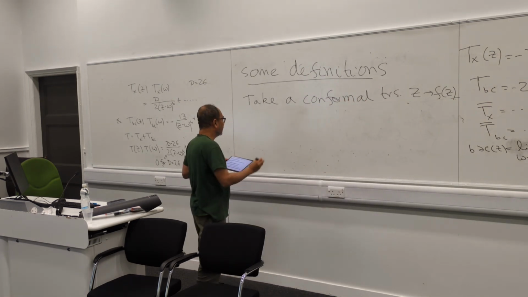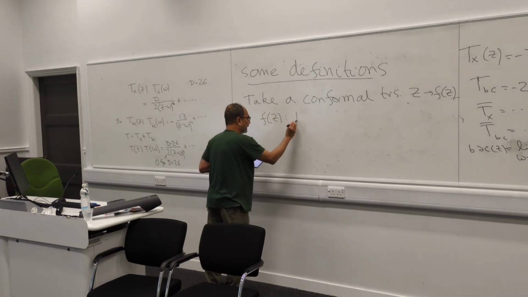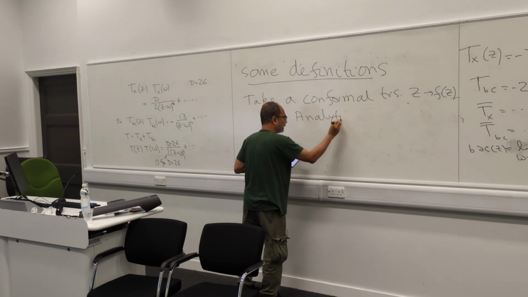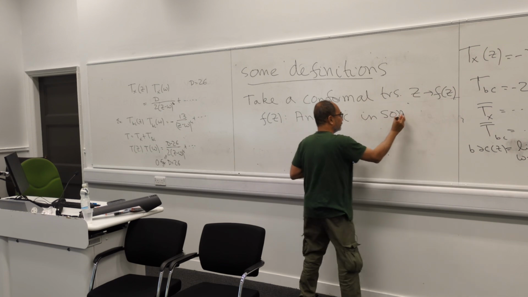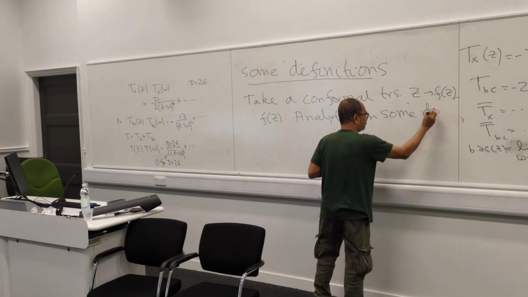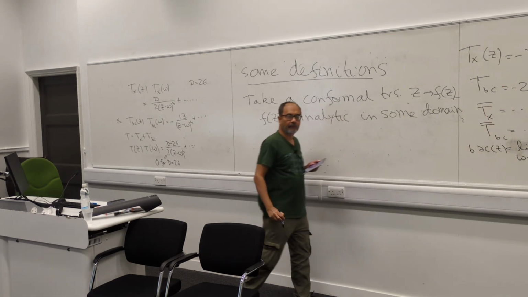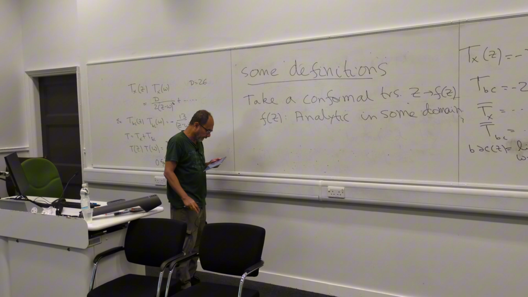We'll assume that f of z is analytic in some domain, doesn't have to be the full complex plane. But if it's analytic only in a certain domain, we can use this conformal transformation only within that domain. But that will be good enough for us.